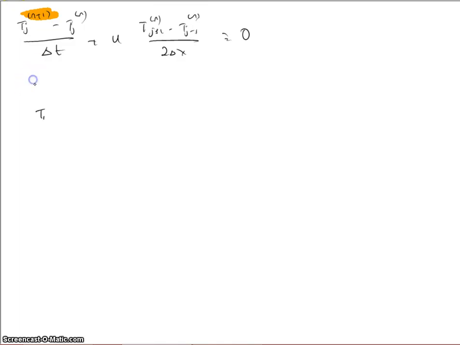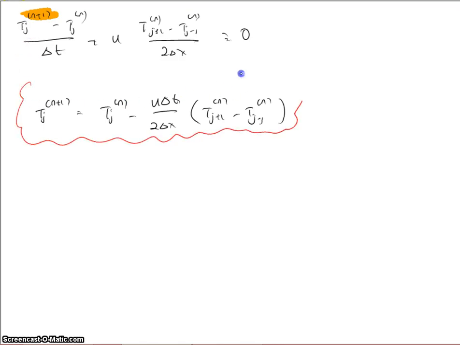If you rearrange this, you will get Tj at n+1 equals Tj at n minus u delta t over 2 delta x times the difference of the j+1 and the j-1 values at time level n. This entire equation here is referred to as the FTCS scheme for the wave advection equation.